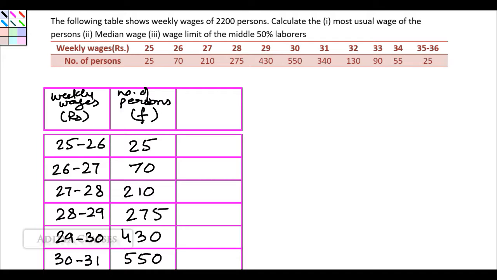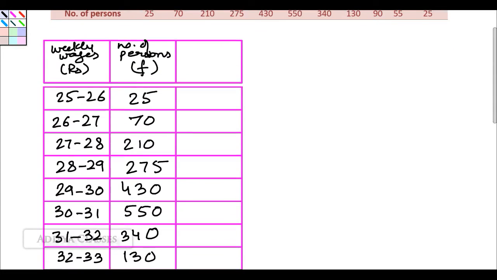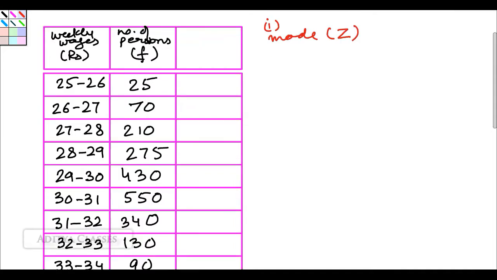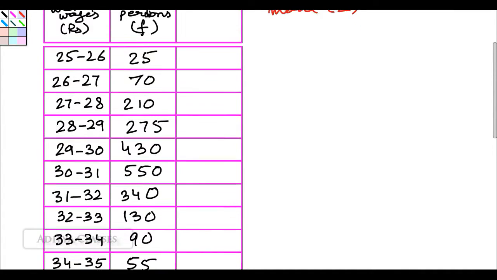For now, let us first find out most usual wage. So let us call it mode. First question would be mode Z. Now most usual wage, what is the highest frequency element here?